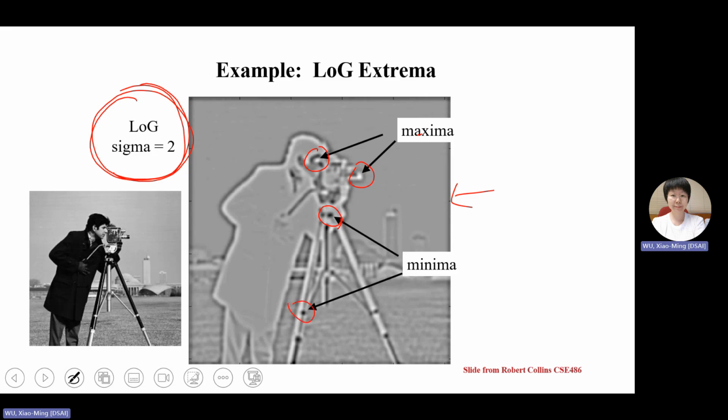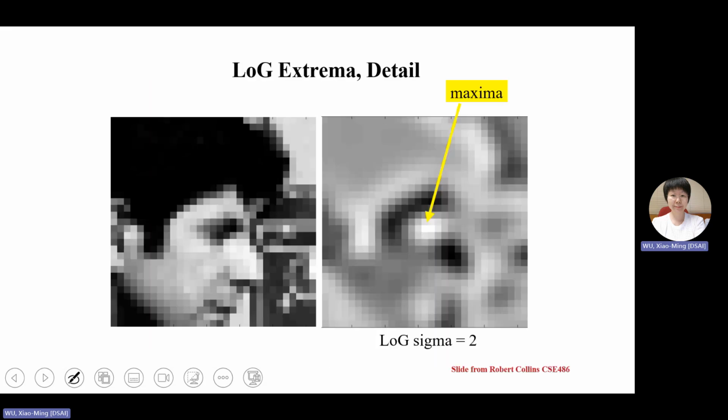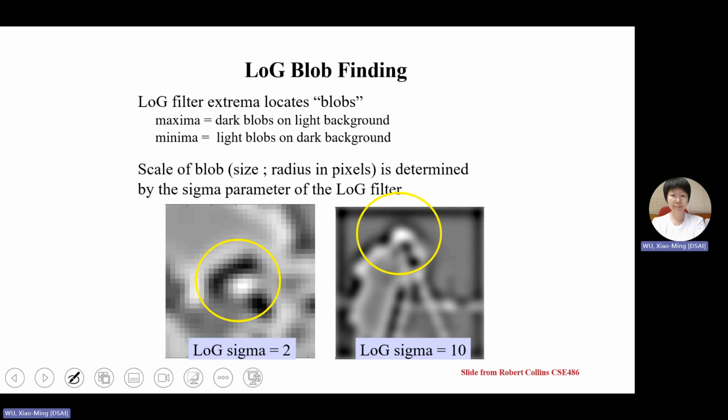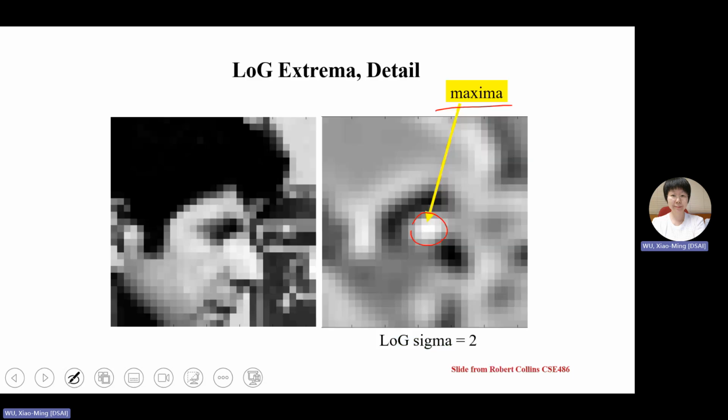And this one, the white points represent the maxima values when LOG sigma is 2.